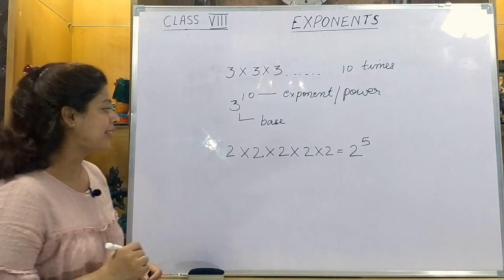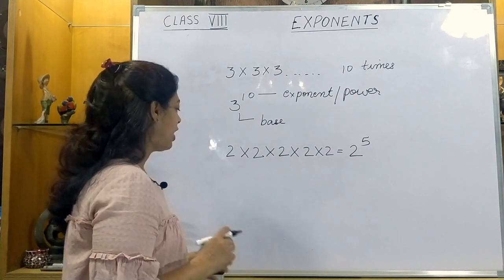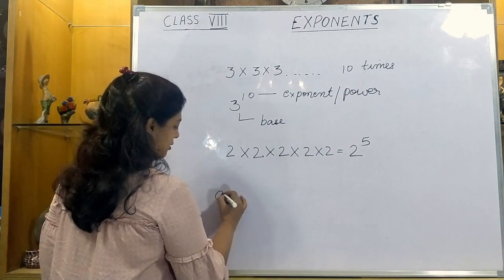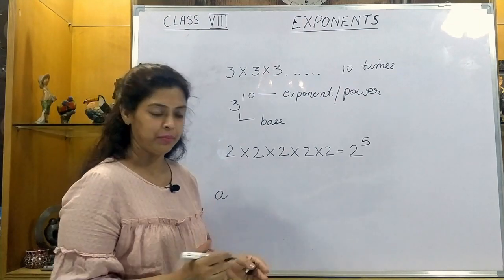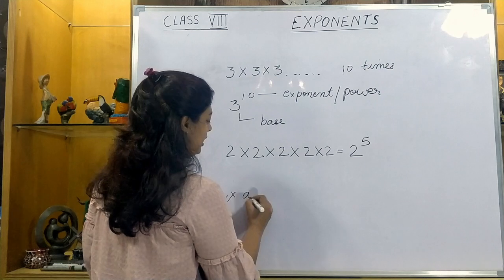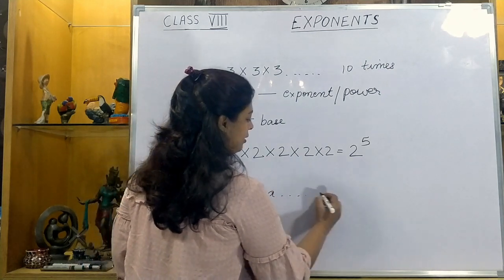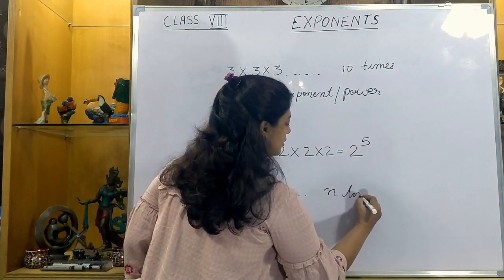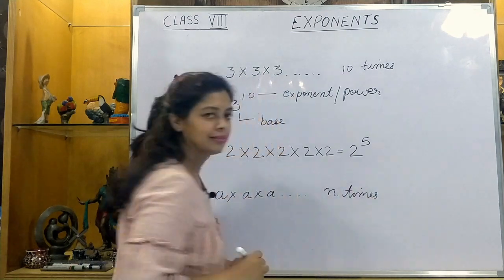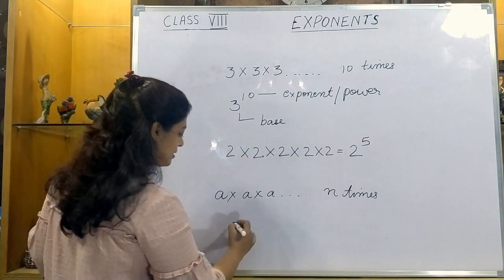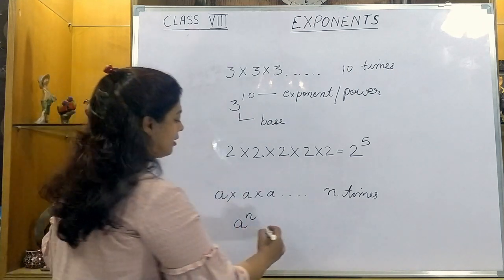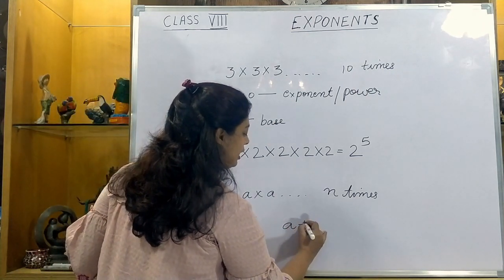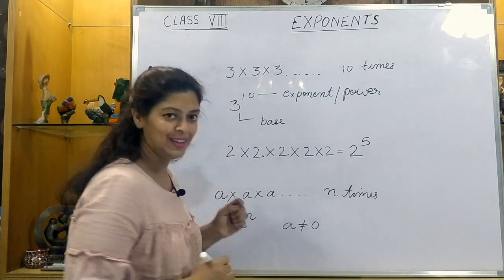So, in general I can say that if I have any number a which has to be multiplied by itself n number of times, instead of writing a into a into a n times, I can write this as a raised to the power of n, where a is not equal to 0.